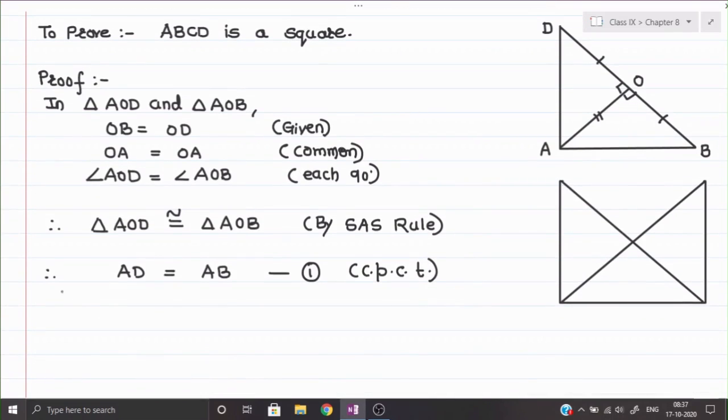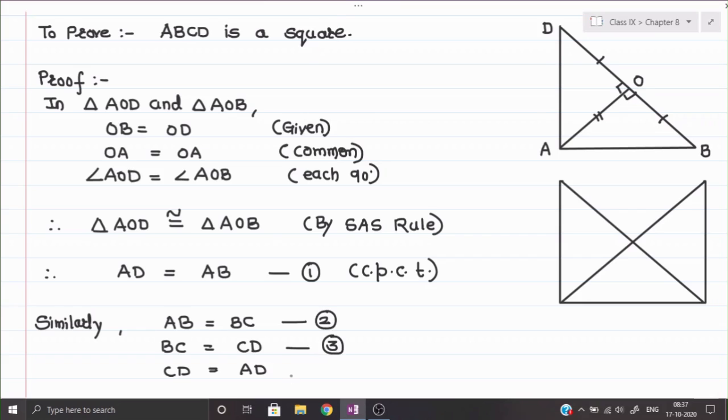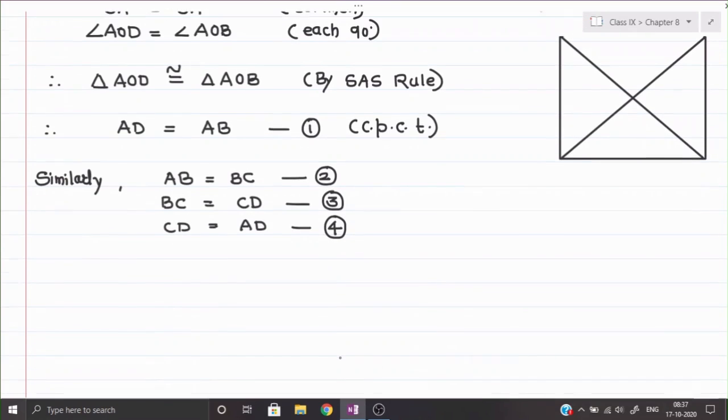Similarly we can show that the side AB is equal to BC, then BC is equal to CD and CD is equal to AD. This I am giving as equation number 2, 3 and then 4. Okay, so now we can conclude all the 4 equations.